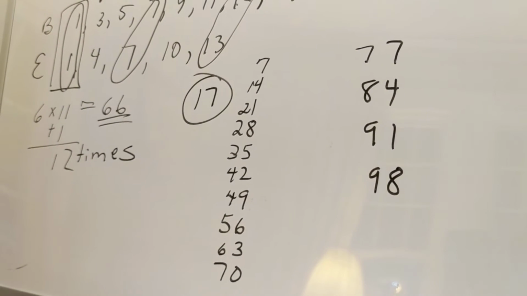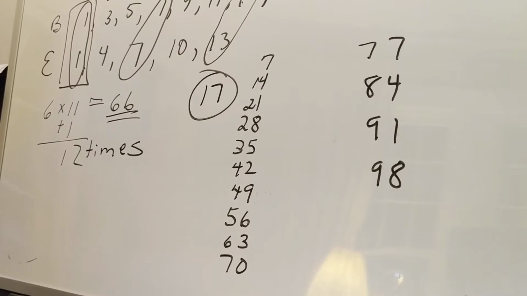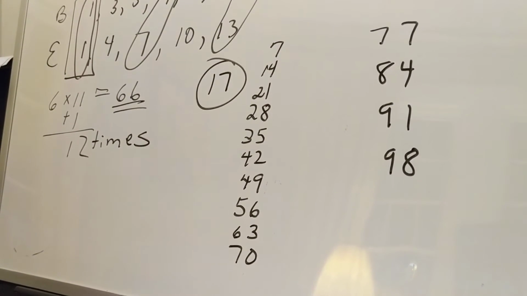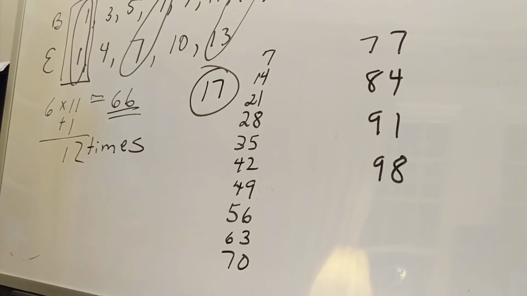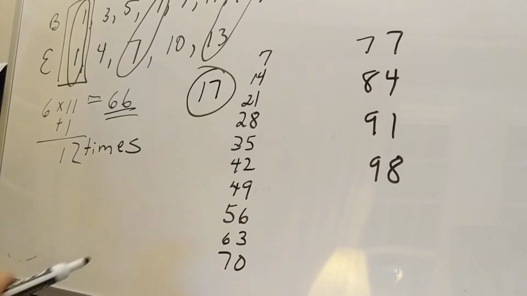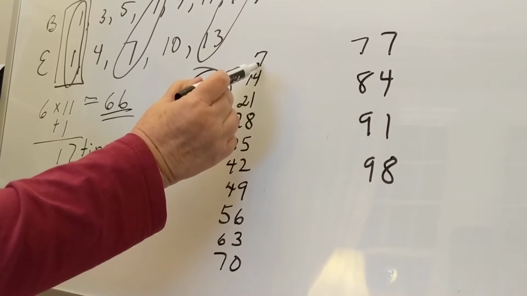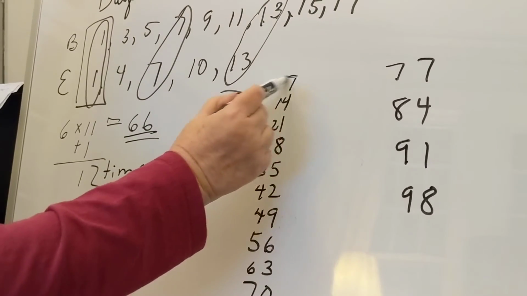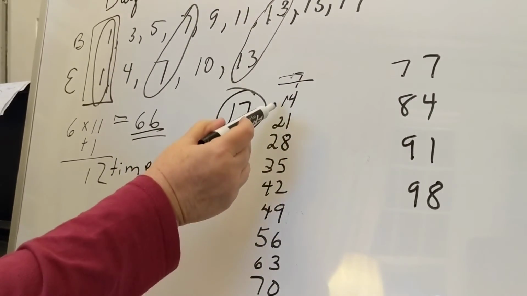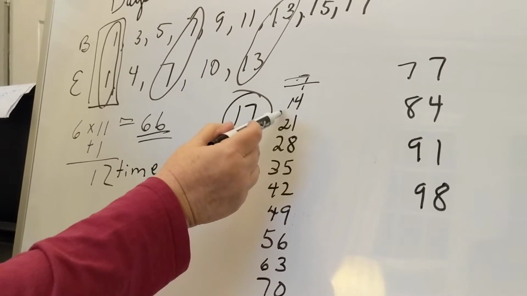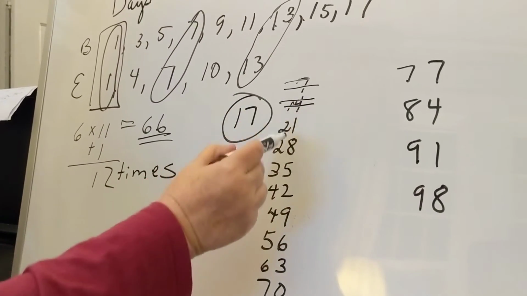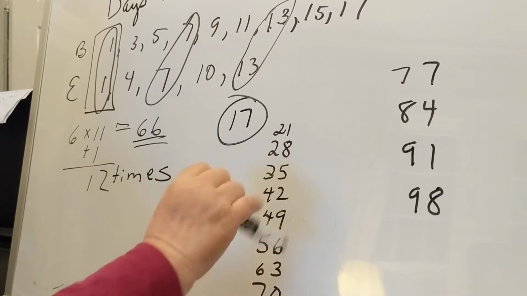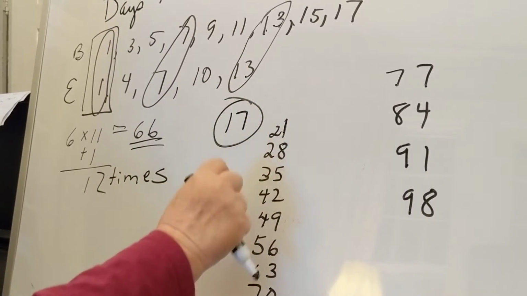But it also says that when she lists them out by fives, there's one left. So it's a multiple of 5 plus 1. This is not a multiple of 5 plus 1, because that's 5 plus 2. This is not a multiple of 5 plus 1. That's a multiple of 5 plus 4. Now this one is, so 21 is still a possibility.